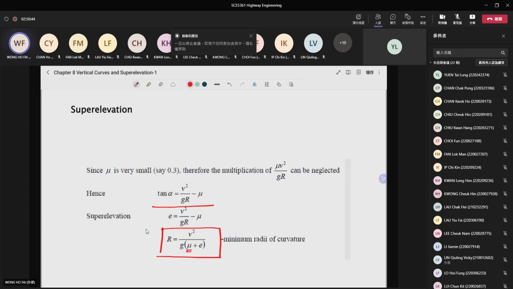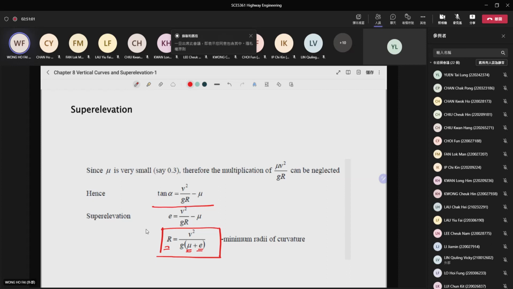That means you provide high frictions, and then you can provide larger super elevation. Then you can reduce the R.